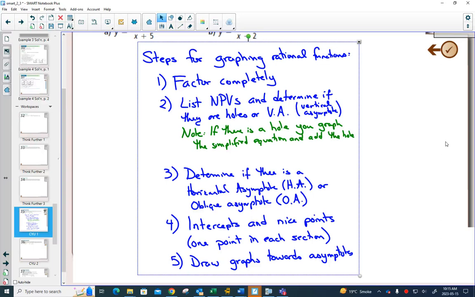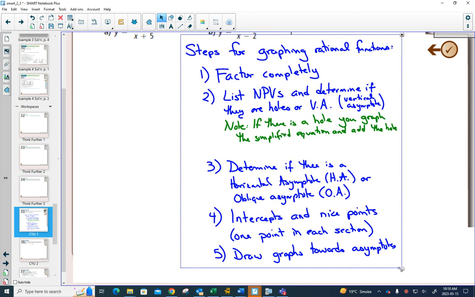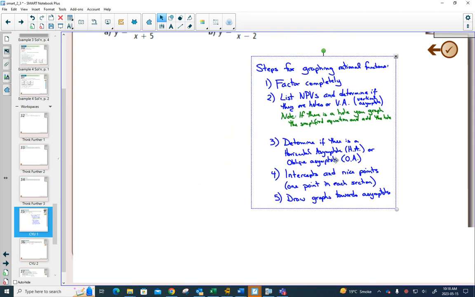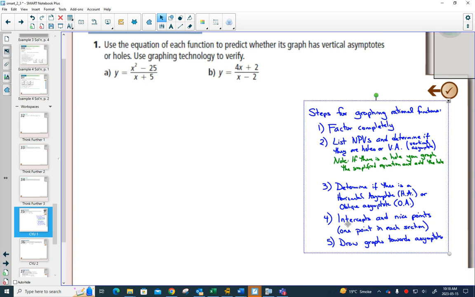And each of these steps, when we see some examples, they will make even more sense for you. Make these a little bit smaller so we still can see them off to the side here.